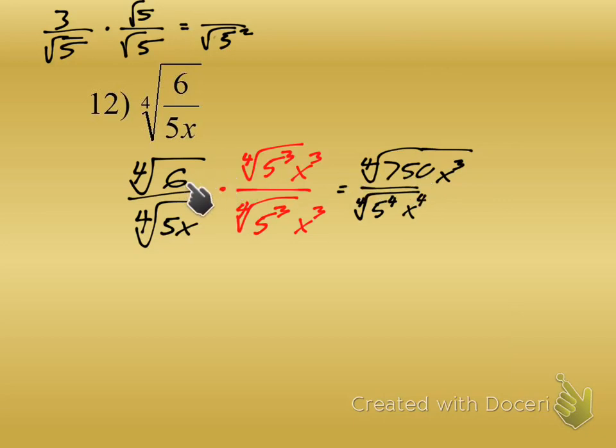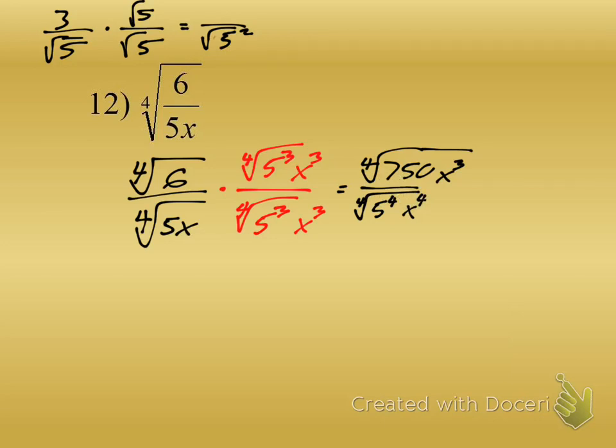You had a 6. 6 factor tree is what? 3 and 2. So we have a 2, a 3, and we added in how many 5s? 3. So we have a 2, a 3, and 3 5s. Are there any groups of 4? No. So it's 750.